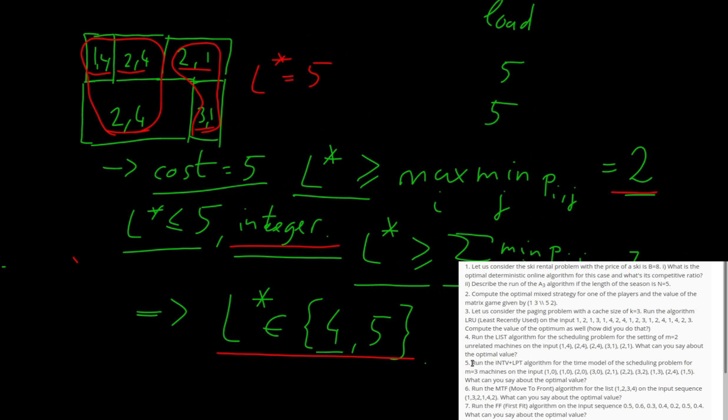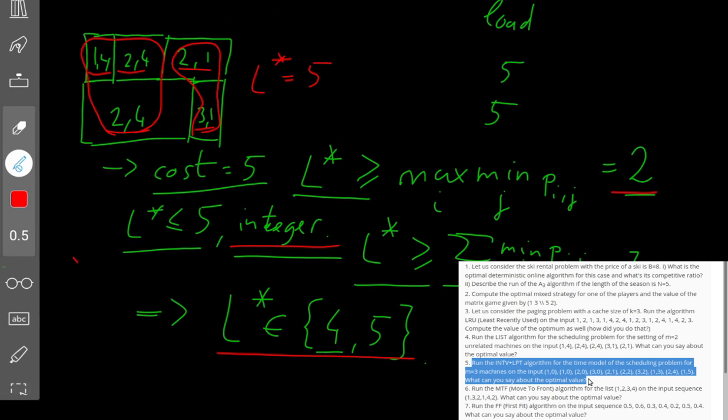Okay, so for the next one, I'm having again the scheduling problem, but in this case the scheduling is a timed version, so it's with timestamps, and we just have to run the int_v plus LPT algorithm.